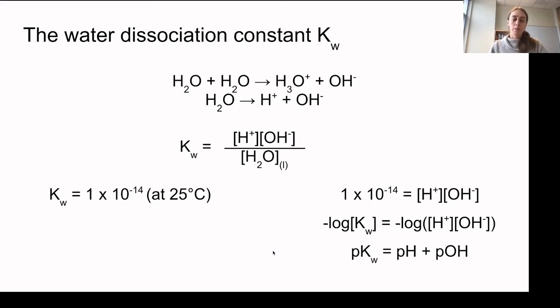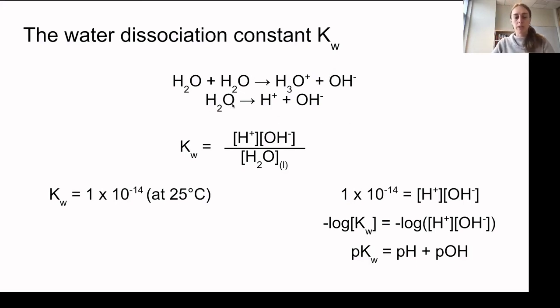So if you come back to thinking about what we learned in thermodynamics and our equilibrium constants, we can have a constant for the dissociation of water, Kw. And that Kw at 25 degrees C is 1 times 10 to the negative 14th. So if you remember, 2 waters can dissociate into hydronium ions and hydroxide ions.